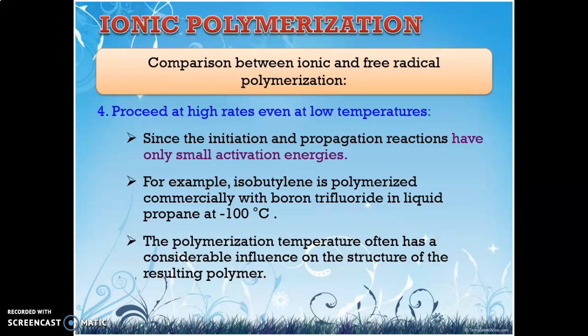Since the initiation and propagation reactions have only small activation energies. For example, isobutylene is polymerized commercially with boron trifluoride, which is BF3, in liquid propane at negative 100 degrees C. So the polymerization temperature often has a considerable influence on the structure of the resulting polymer.